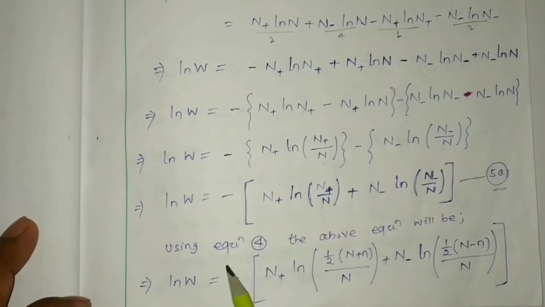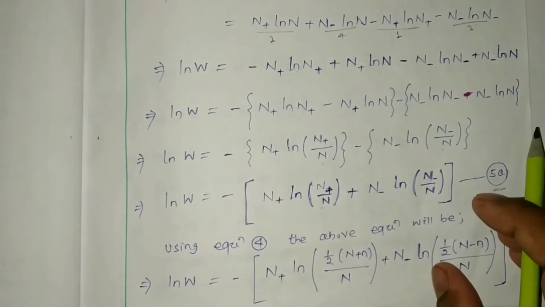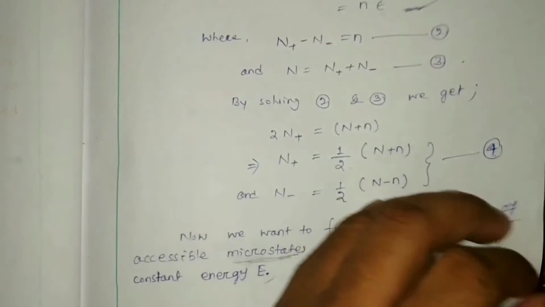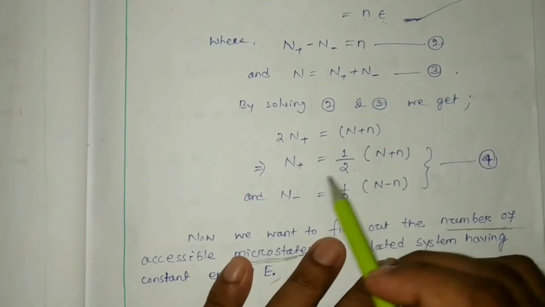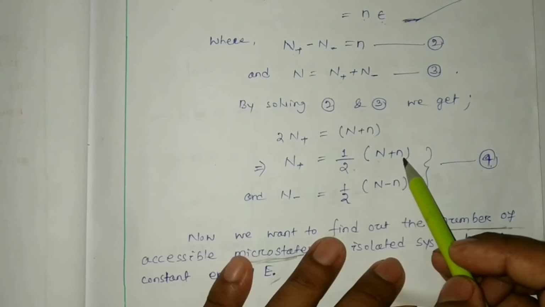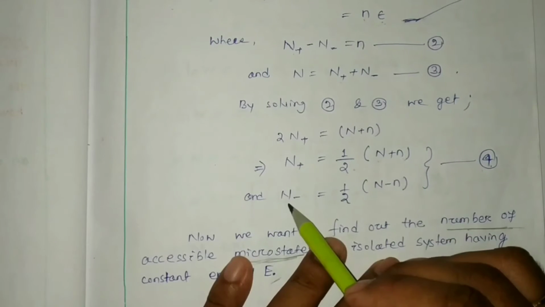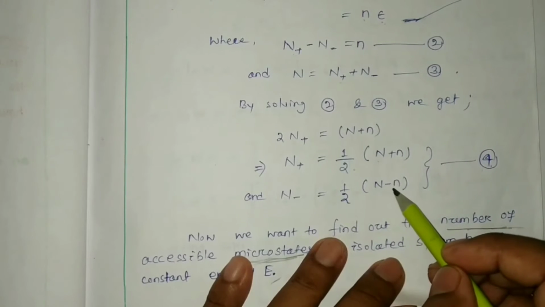Now using equation number 4, the above equation will be, equation number 4 is nothing but n plus is equal to half into capital N plus small n, and n minus is nothing but half into capital N minus small n.